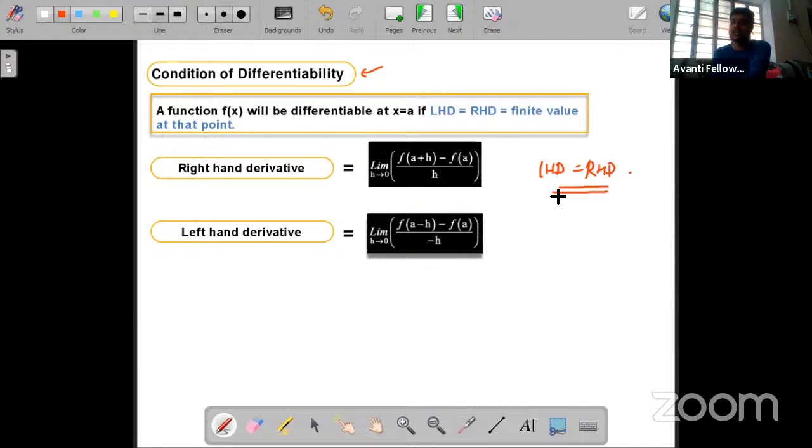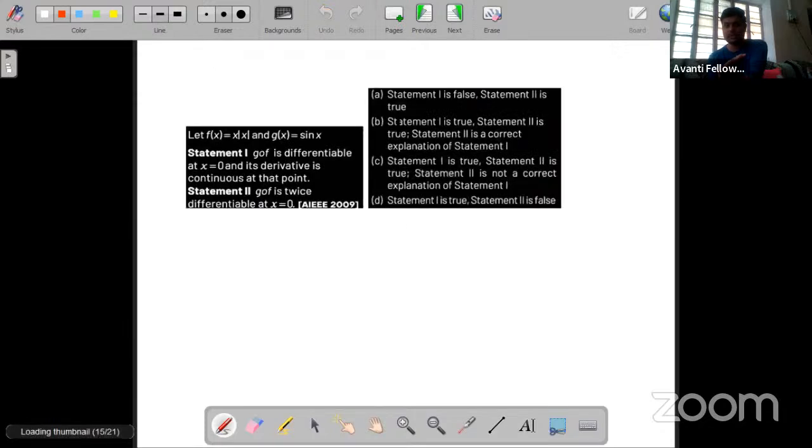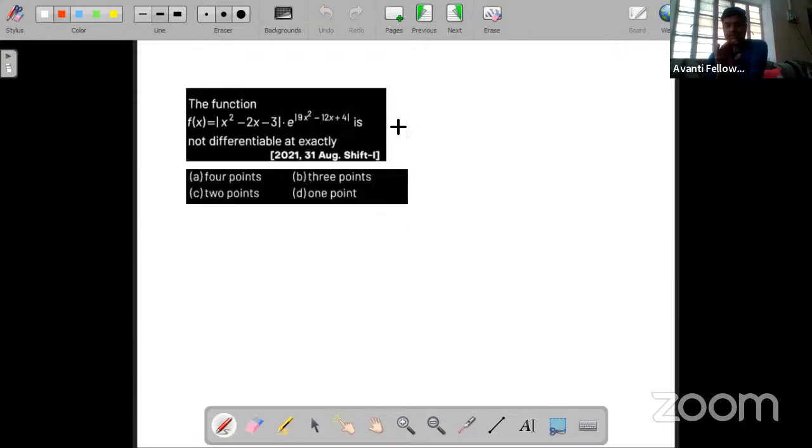If this is true, then we can say at that point the function is differentiable. And we know these basic values. Then there is also a shortcut method. If a function is defined, then we can directly differentiate it and find the LHD and RHD values. We have already done that. Based on this, there is one question. You can try this one.